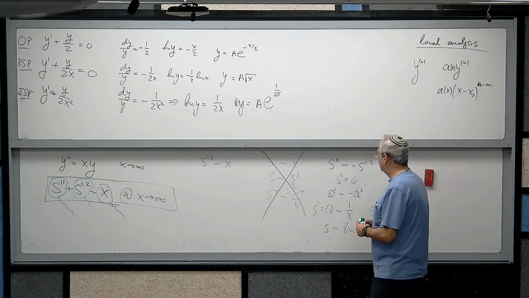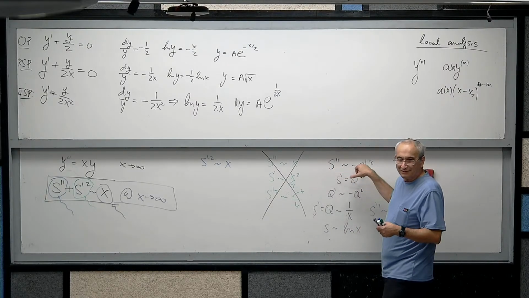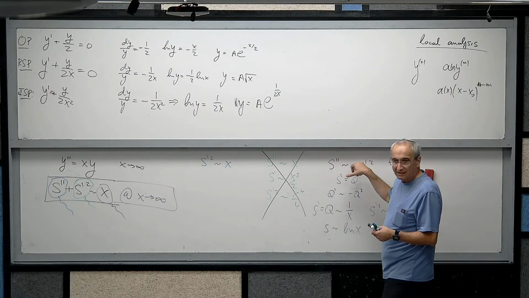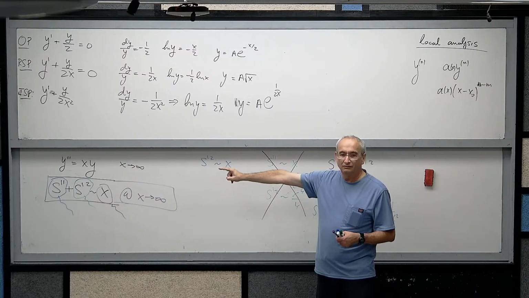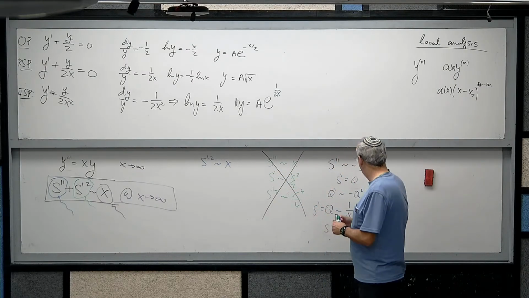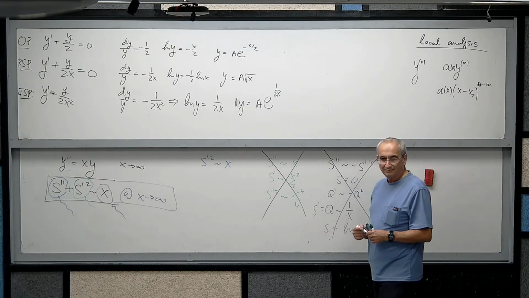And clearly, S double prime will also be 1 over X squared, because otherwise they will not balance each other. But clearly, X is much larger than 1 over X squared when X goes to infinity. So again, we have to abandon also this strategy.